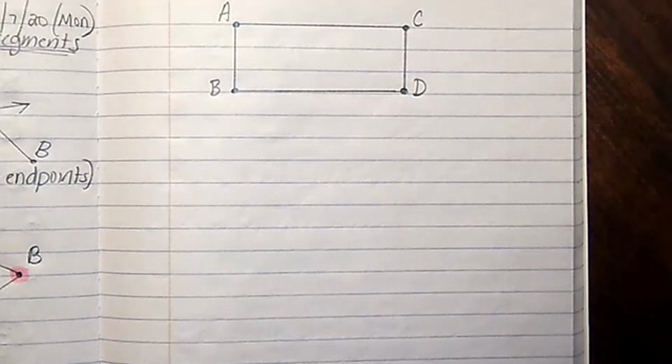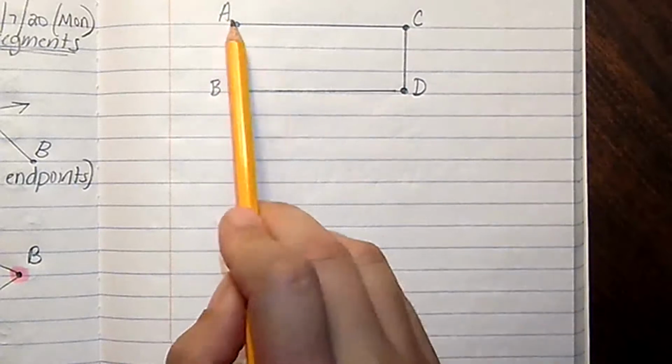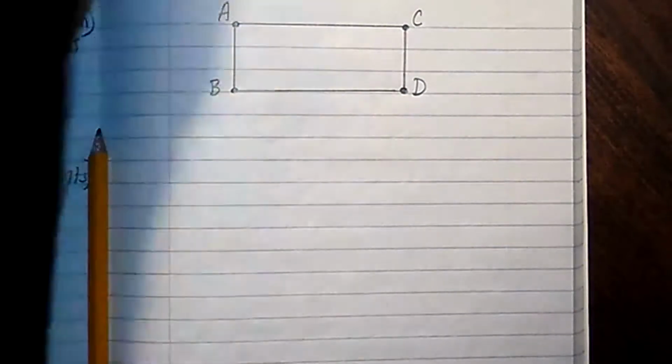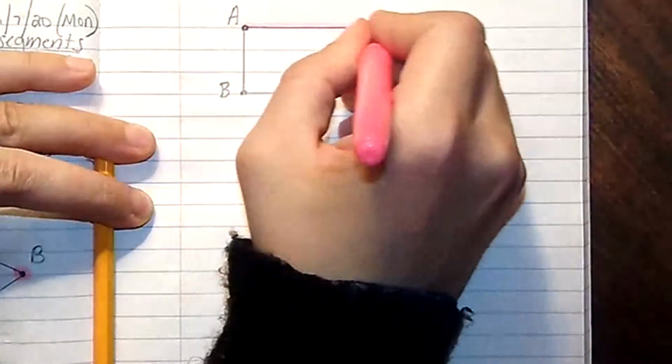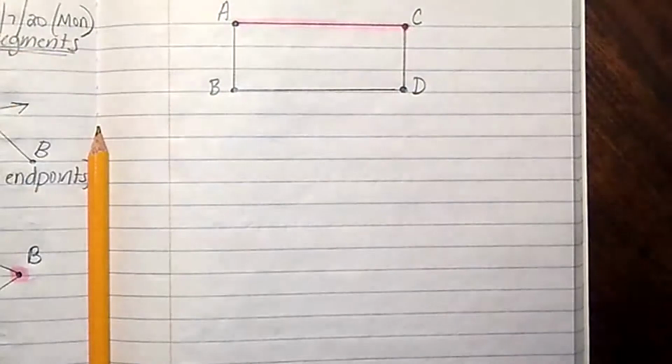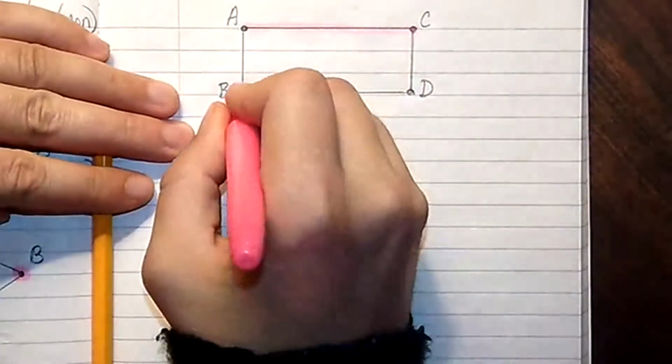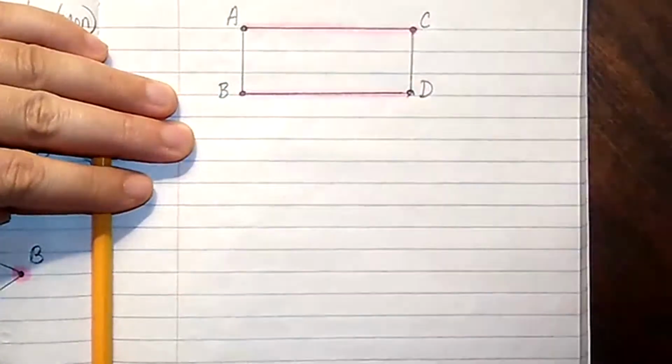And I could ask you to give me one of the line segments. Well, if I was talking about segment AC, I would be talking about this side. If I was talking about line segment BD, I would be talking about this side.